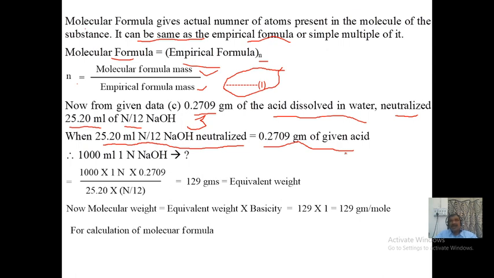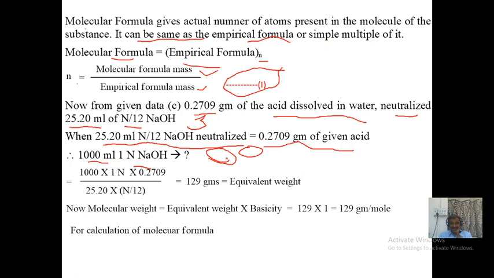Assume that I am using 1000 ml, that is 1 liter, 1 normal NaOH, then what will be the amount of my acid on the right hand side? Can I calculate on the basis of this? Simple, yes. So 25.2 ml N by 12 NaOH corresponds to this much amount of the given acid. What if it consumes 1 liter 1 normal NaOH? If I get this amount, friend, it is nothing but your equivalent weight.